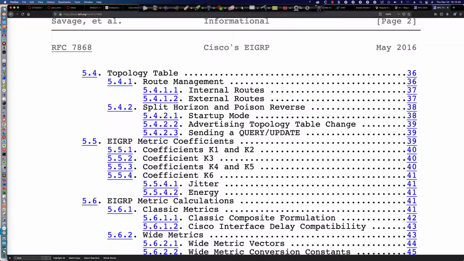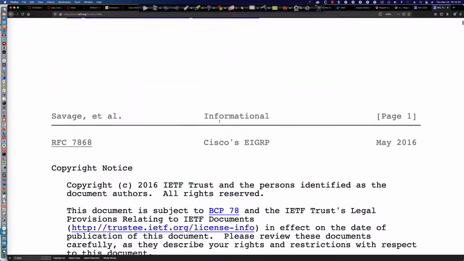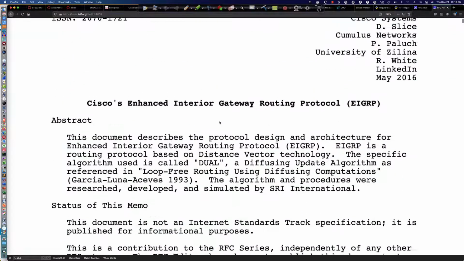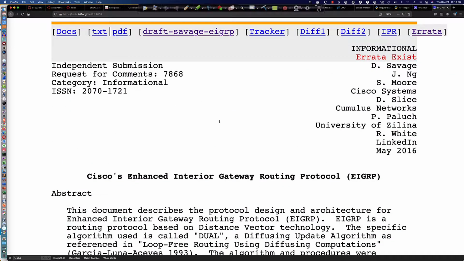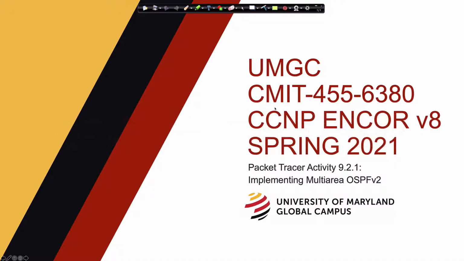And I cannot recommend the reading of this highly enough. Again, the RFCs are gold in terms of information about a wide range of subjects, specifically for our interest, routing protocols, EIGRP, and OSPF. All right. So you've got a lot of other resources I've just guided you to.